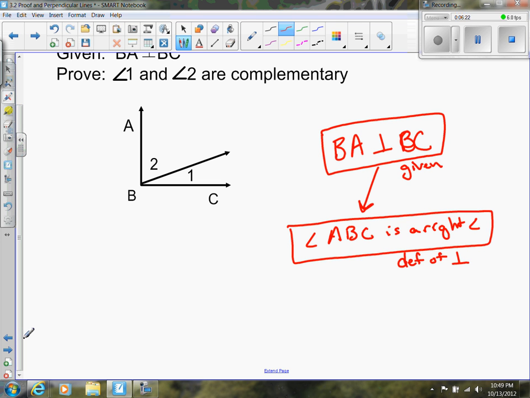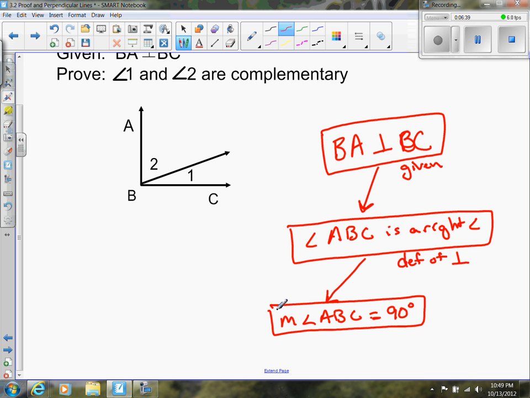Now, from here, I can conclude that the measure of angle ABC equals 90 degrees.